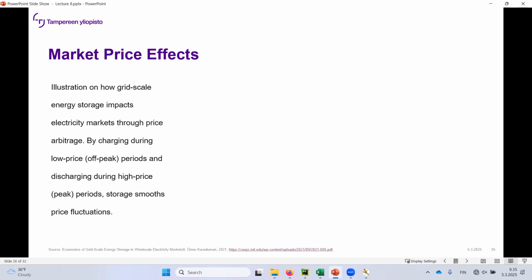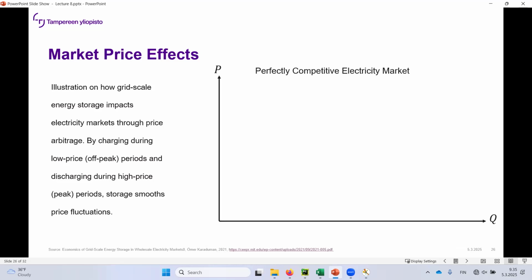Market price effects. This was a really good publication, or a picture from this publication that I linked in here. So this is an illustration of how grid scale, so a large energy storage, impacts electricity markets through price arbitrage.